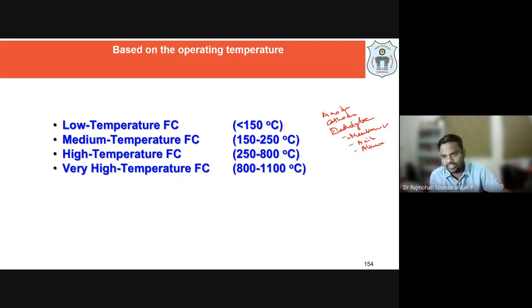So with the invention of these membrane fuel cells, PEM fuel cells, high temperature applications are coming into picture. And with the invention of new, advanced materials, we are able to use them for high temperature applications, like solid oxide fuel cells. We are going to discuss them in detail. Solid oxide fuel cells and molten carbonate fuel cells can operate at very high temperature.